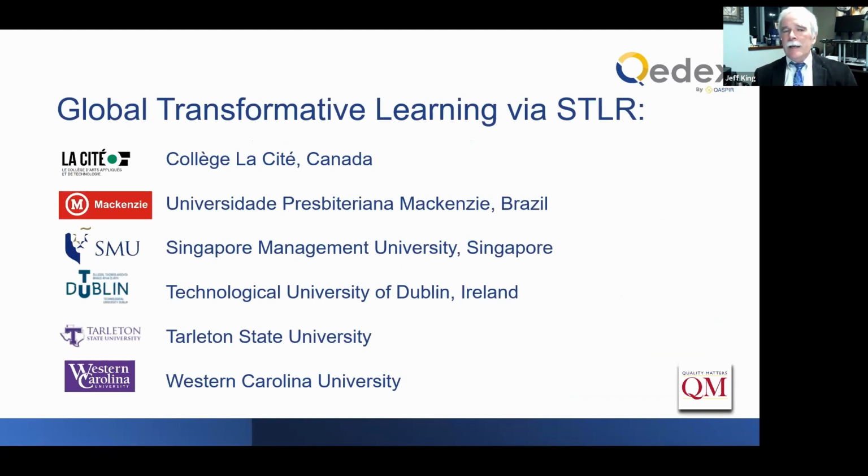And finally, we've been successful here with transformative learning, but other universities in the US and around the world have adopted this process and succeeded with it in their university culture, with their university mission.